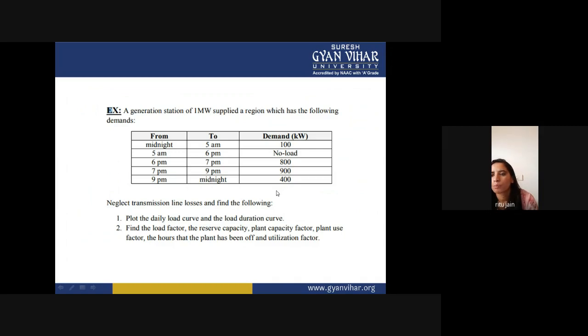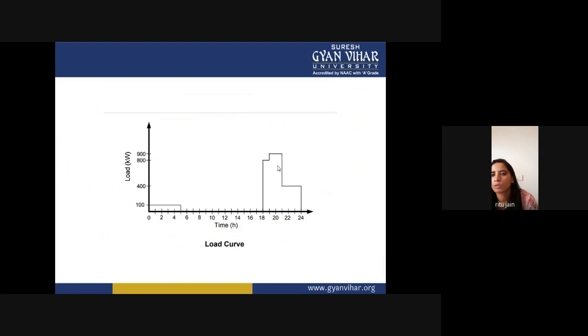So from 9 p.m. to midnight, it is 400 kilowatt load. So this is your daily load curve.